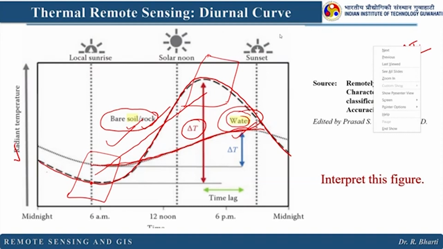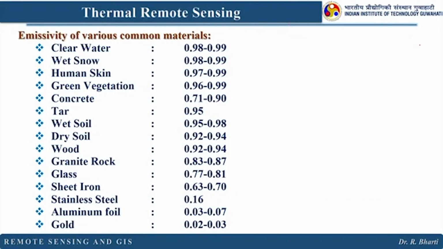So further we will see how we can use this information to identify or to study any given target, right? Here you can see the emissivity of various common materials listed, right? If you remember, when we were not using the emissivity factor in our total radiation, what was happening? The material or the area was having the same energy, same energy in terms of temperature.